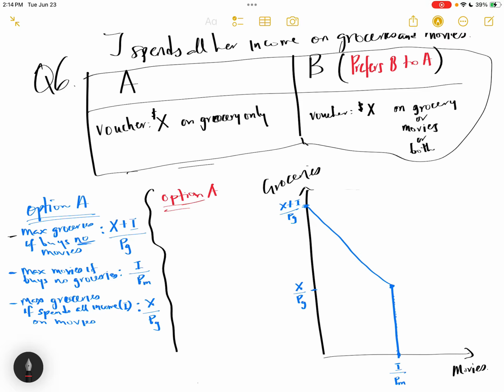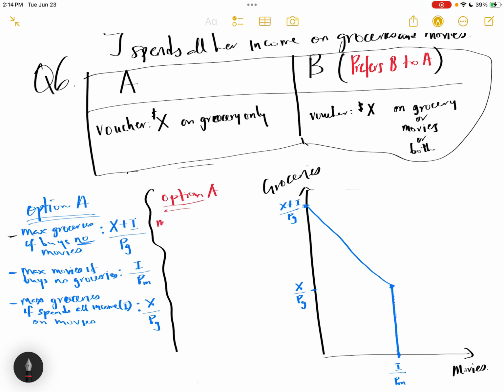But under option B, and I'm writing this in red, this consumer has the voucher and her income, and she can spend the voucher on both goods.